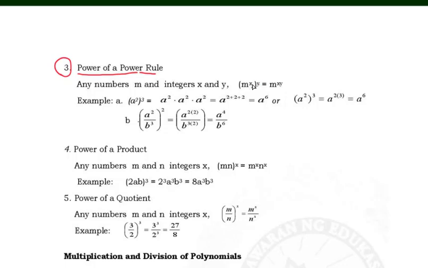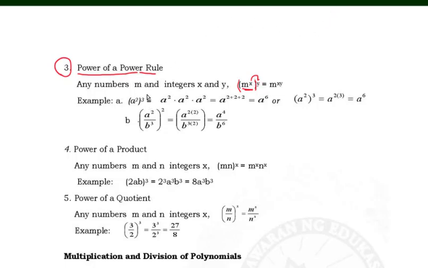Kaya po tinawag na power of a power kasi ito pong nasa loob ng parenthesis ay may power, tapos nilagyan pa po ng isa pang power. So, ito po ang kanyang magiging formula. Multiply lang po natin yung x and y.